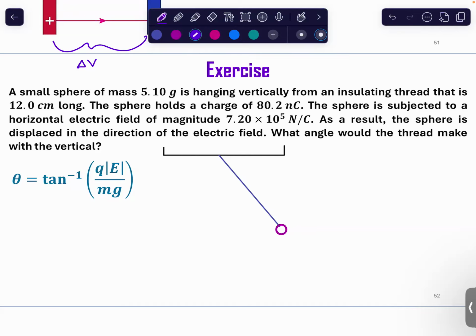Now we know that this ball has both a mass and a charge. So we're just remembering that. That means there is going to be a gravitational force on it.